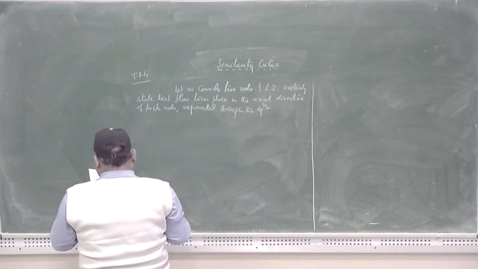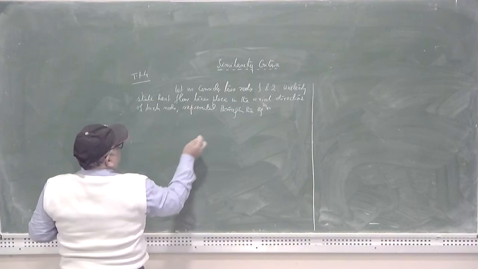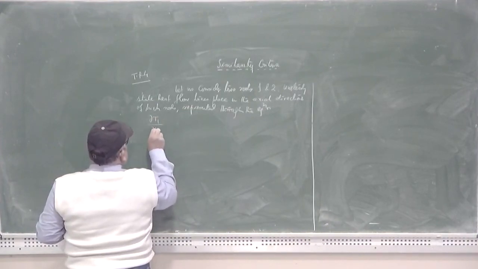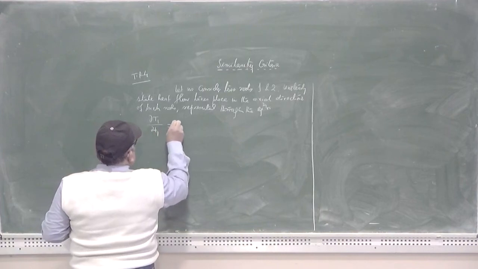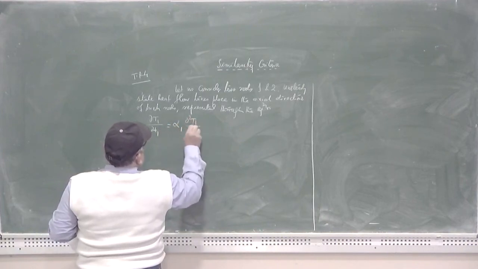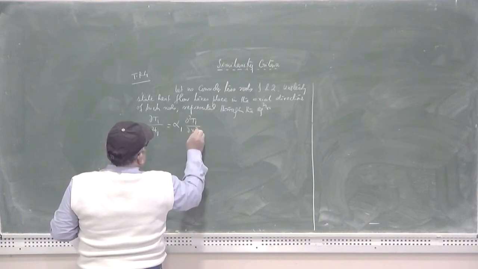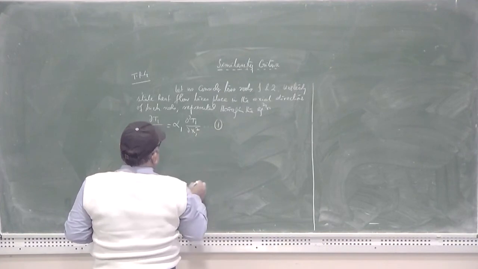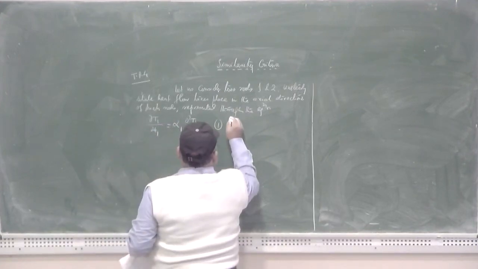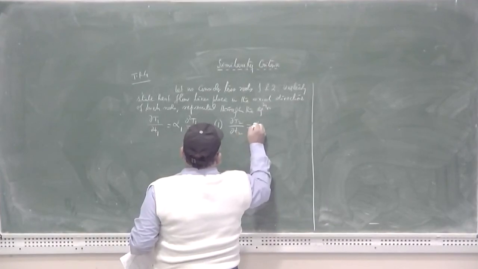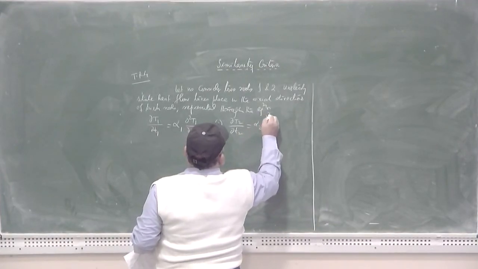The equation for the unsteady state heat flow: dT1 by dt1 should be equal to alpha 1, the thermal diffusivity, d2T1 by dx1 square. Let it be equation number 1. And for the second rod, dT2 by dt2 should equal alpha 2 d2T2 by dx2 square.